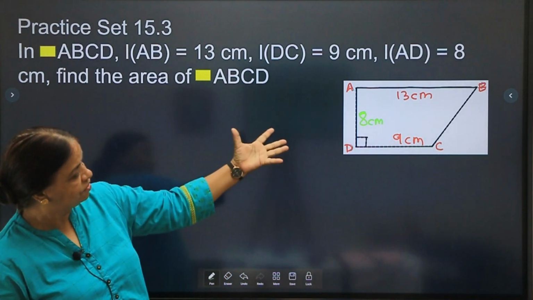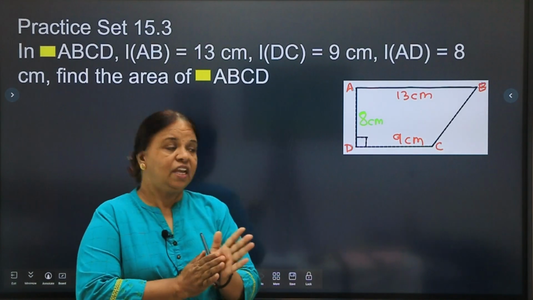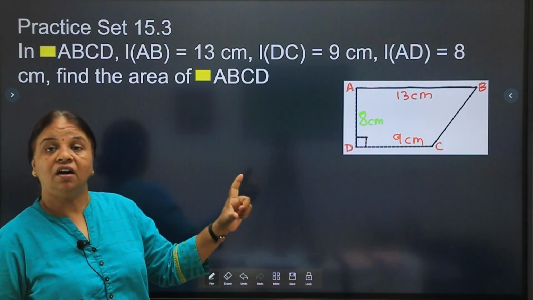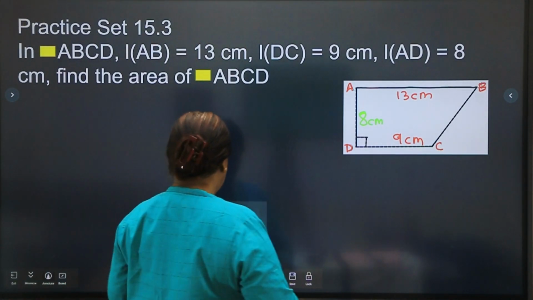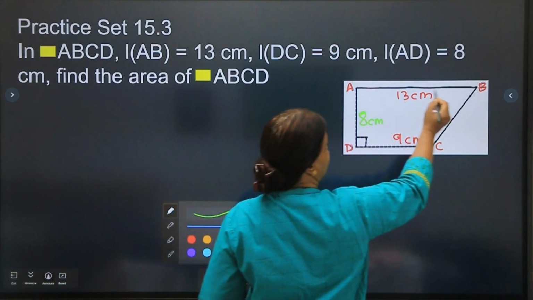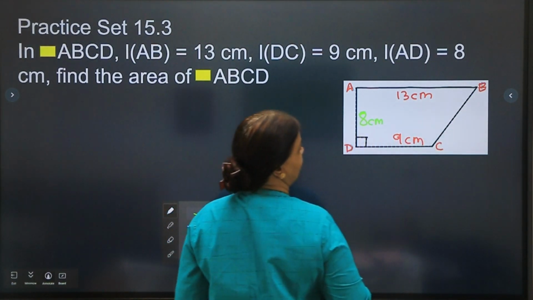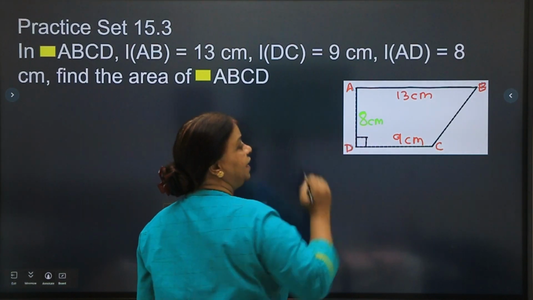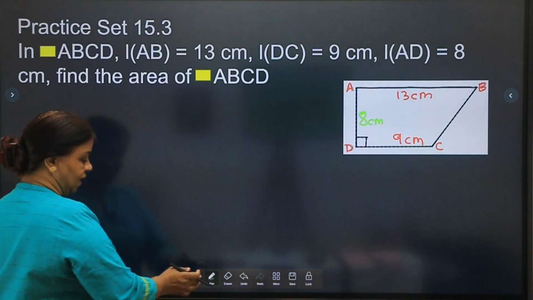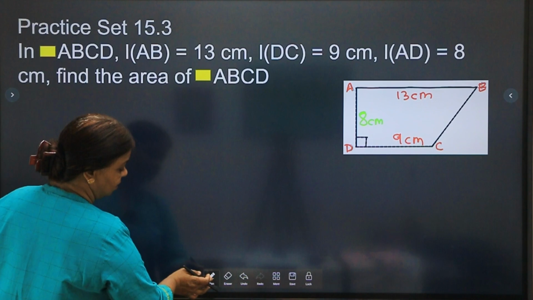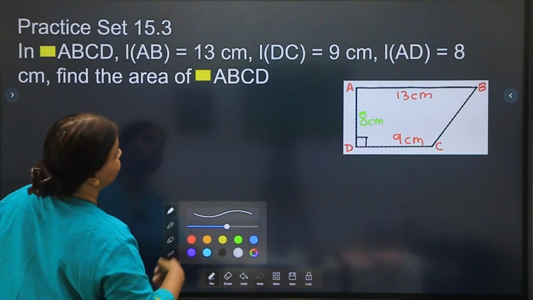Now, if you look at the figure ABCD, it appears to be a trapezium. Now, why is it a trapezium? AB is parallel to DC and AD is the height. So, we can apply the area of the trapezium here. So, how can we do it?